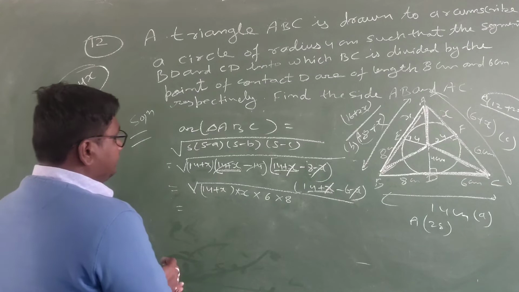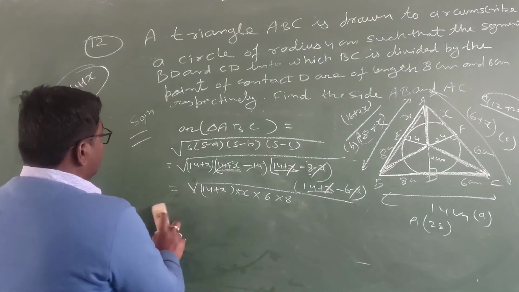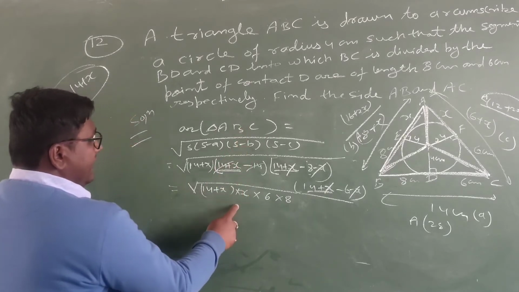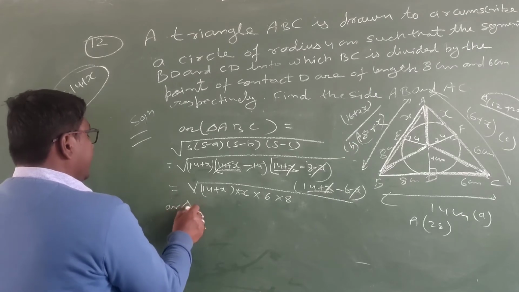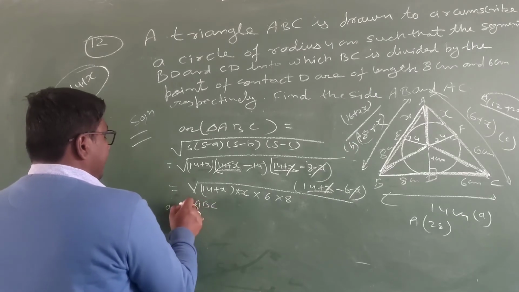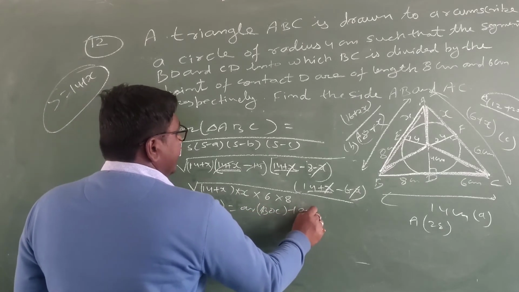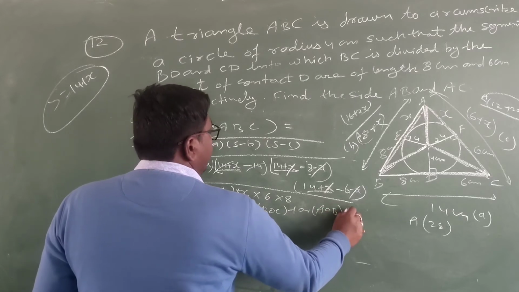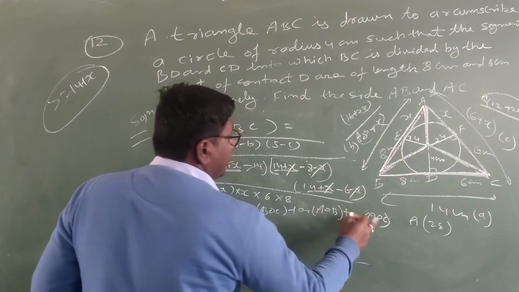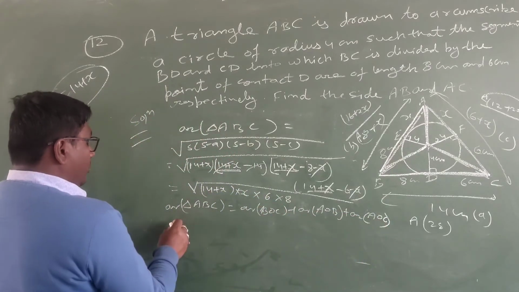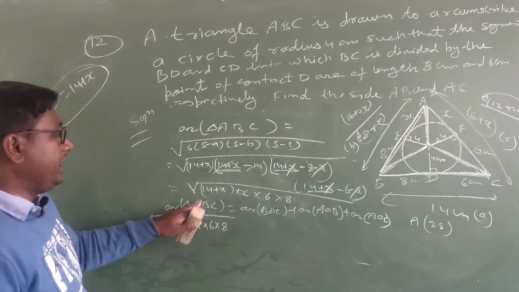Now this area will be equal to the area of triangle ABC, which can be written as the area of triangle BOC plus the area of triangle AOB plus the area of triangle AOC. This we can write, and this we have got here, 14 plus x into x. This is the area of triangle ABC.